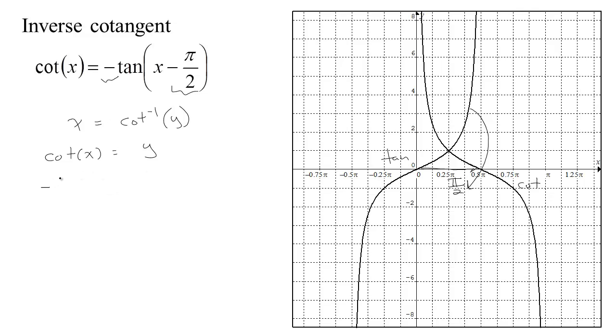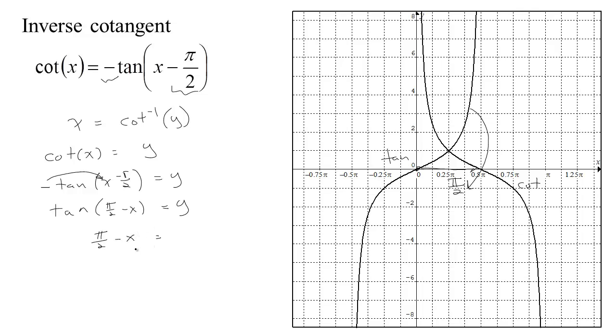But then the cotangent is the negative tangent of x minus pi halves, so I could replace the cotangent with this. Now tangent's an odd function. You can see it has symmetry around the origin, right? So that means I can bring this negative inside, and you get tangent of pi halves minus x equals y. Now I can solve for x.